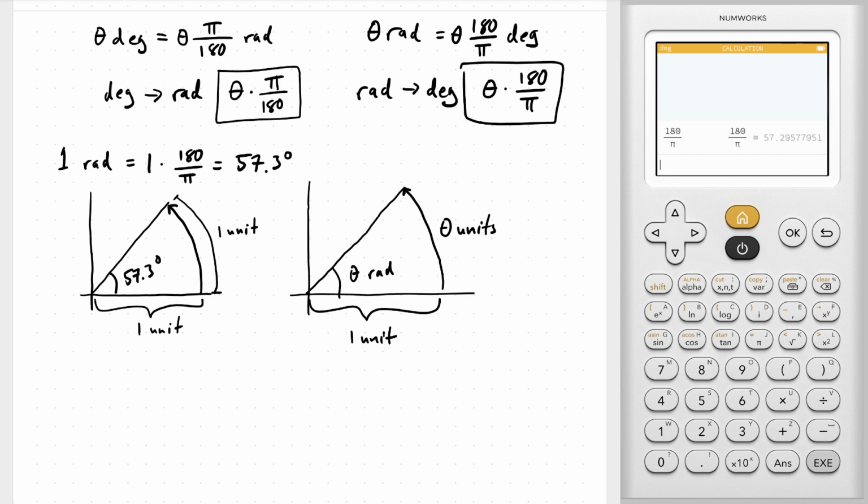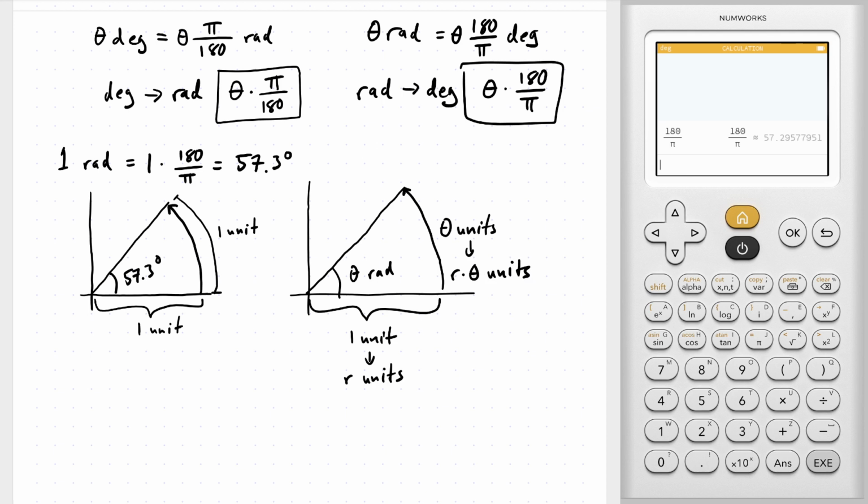Okay, so what if instead of 1 unit, I decided that this was some radius r units instead of 1 unit? Well, it's a simple proportion problem. If I multiply this radius by r units to go from 1 up to r, I would also multiply this arc by r units to go from theta up to r times theta units.